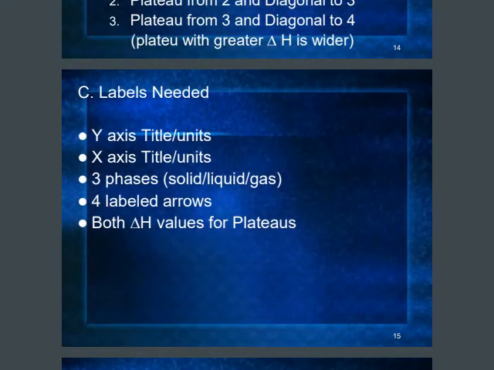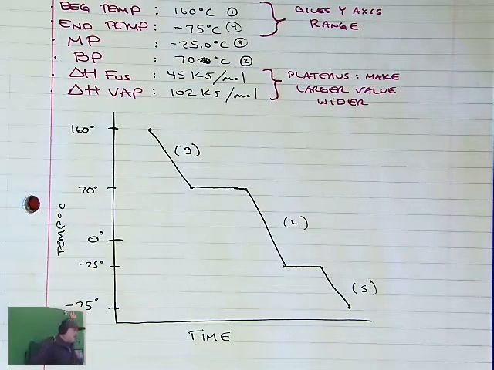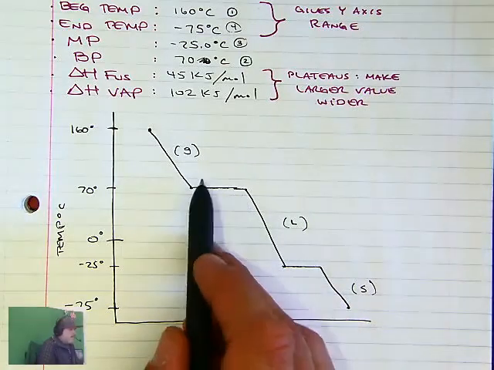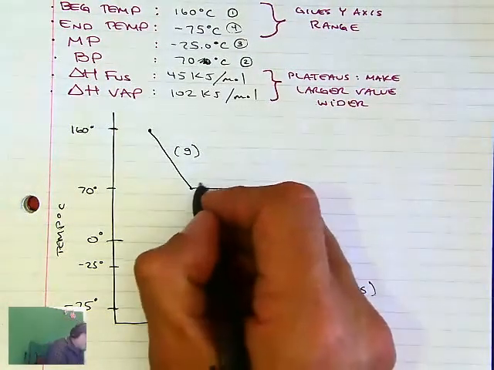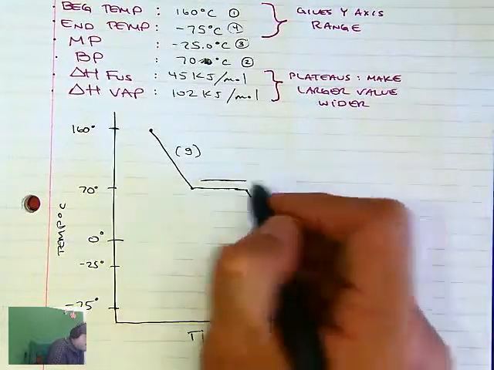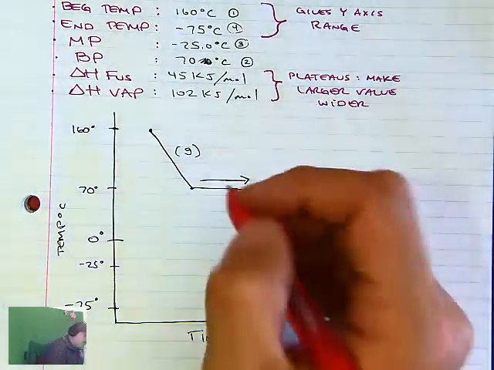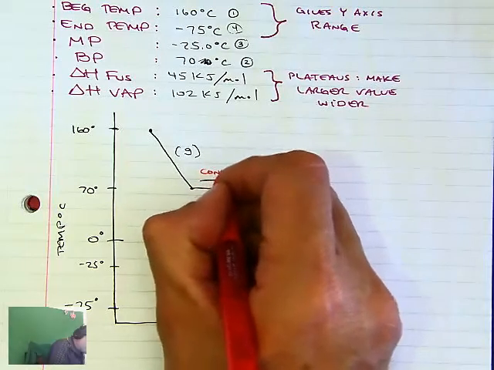Okay, what's next? 4 labeled arrows. And again, we haven't done this, so you're not too sure, but here's what you're going to find out. You have to put arrows here that describe the transition from one phase to the next. If I go from gas to liquid like that, okay, that's going to be called condensation.